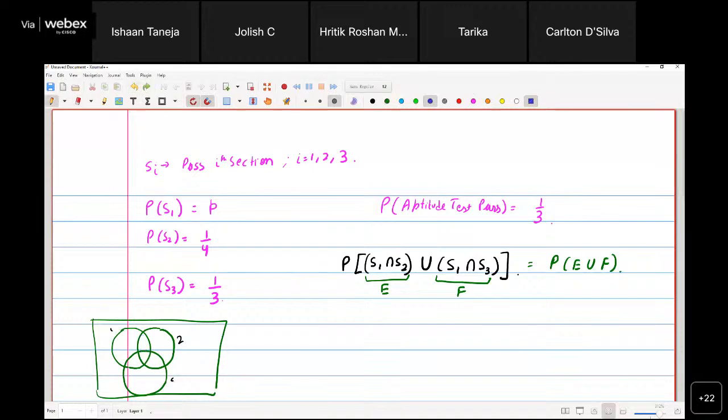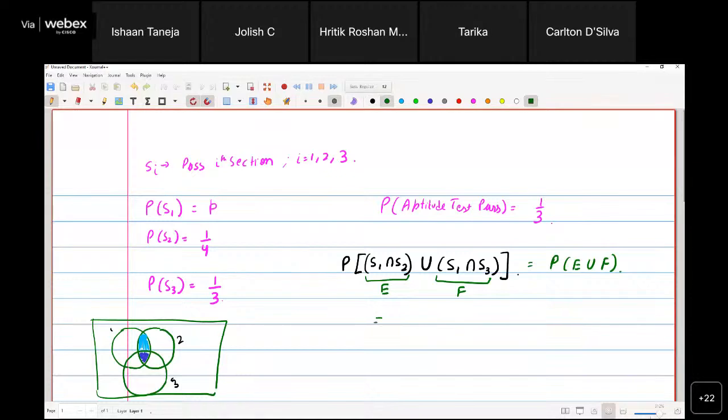Intersection of all three would be this, which means passing S1, S2, and S3. And this would mean passing S1 and S2 but failing S3. So if you take the whole intersection of S1 and S2, it includes failing S3 and passing S3. When I say S1 intersection S2, it doesn't matter whether you pass or fail in S3. We are only focused on passing these two. Okay.